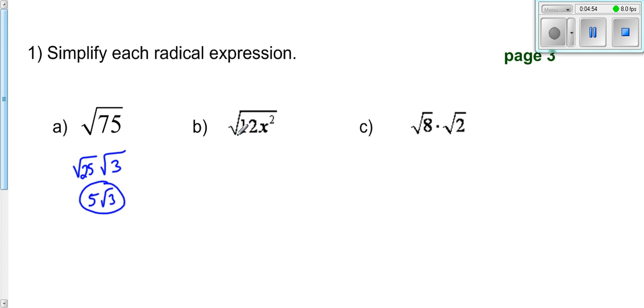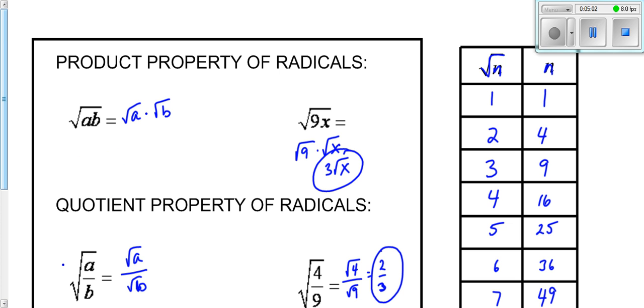Now for part B, the square root of 12x squared. Well, the perfect square that goes into 12, and now if you're thinking about something like 6 times 2, remember, we need a perfect square. So 4 is the perfect square factor we need.